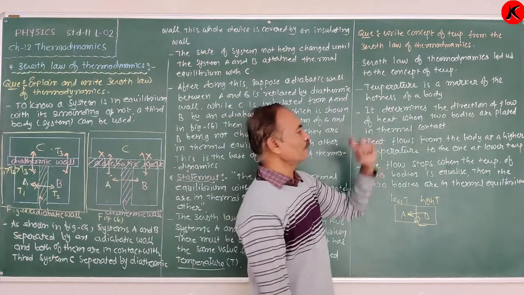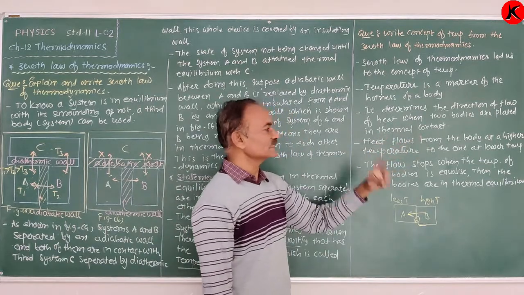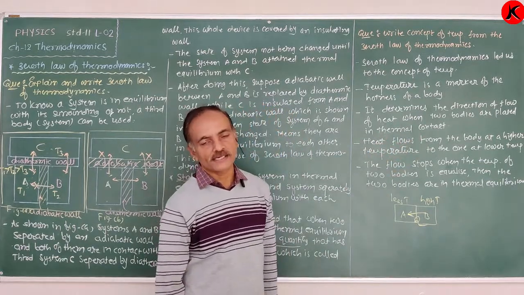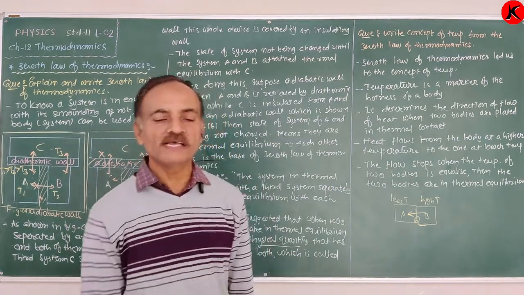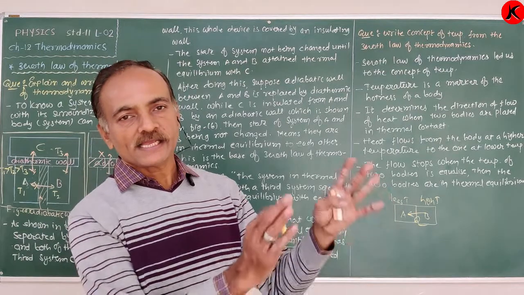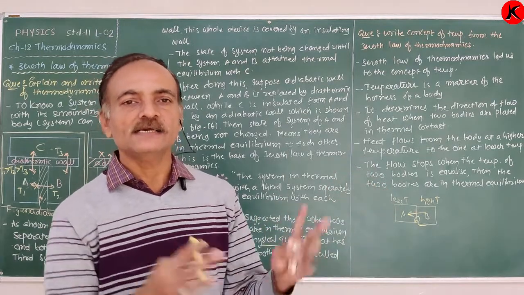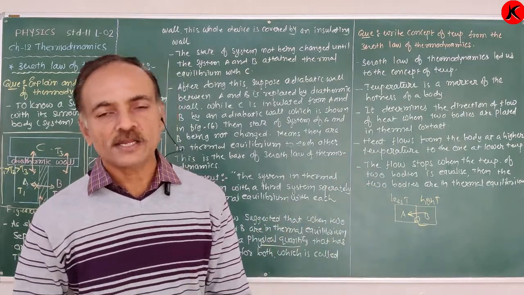So heat flows from the body at higher temperature to the one at lower temperature. Keep in mind that heat energy always flows from the body at high temperature to the one at low temperature.